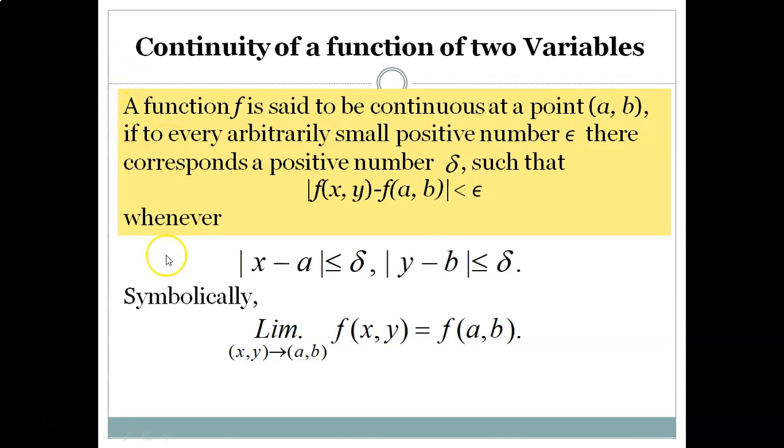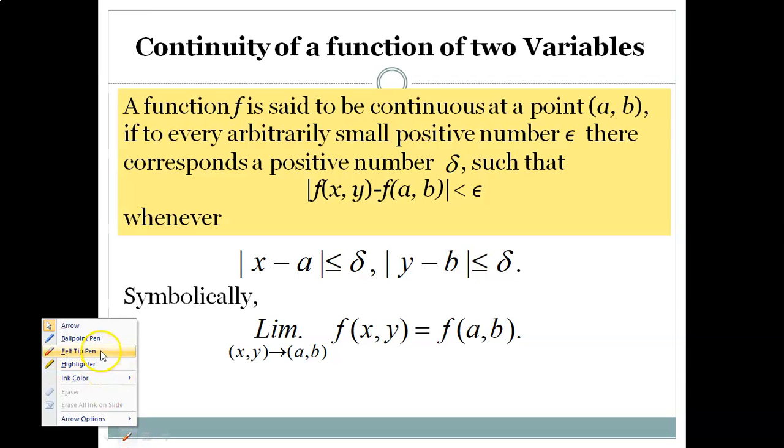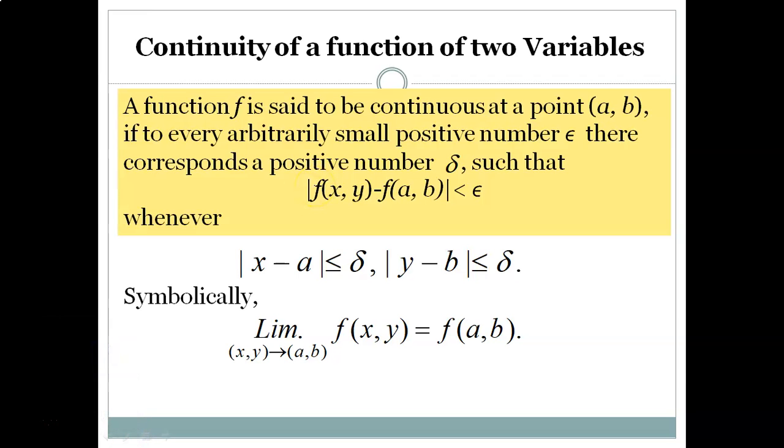Suppose you have a function f of two variables, then f is said to be continuous at a point (a, b) if to every arbitrarily small positive number epsilon there corresponds a positive number delta such that the modulus of f(x, y) minus f(a, b) is less than epsilon whenever modulus of x minus a is less than or equal to delta and modulus of y minus b is less than or equal to delta.